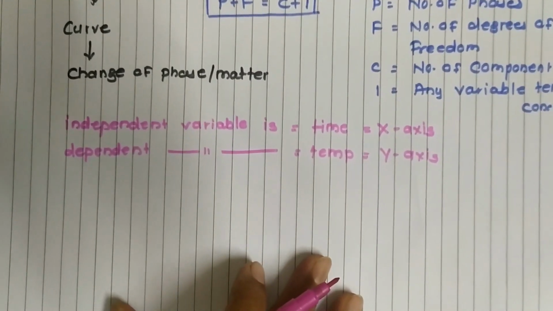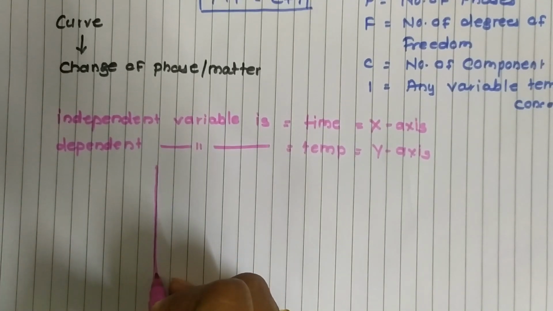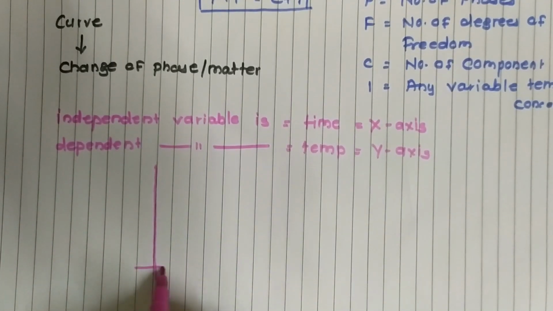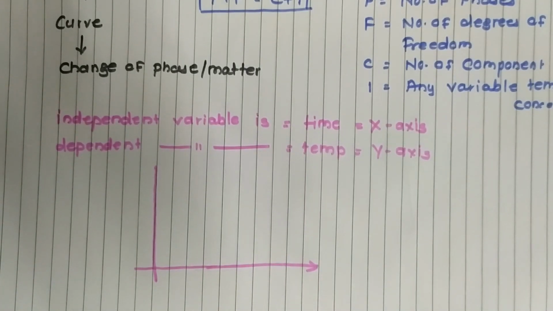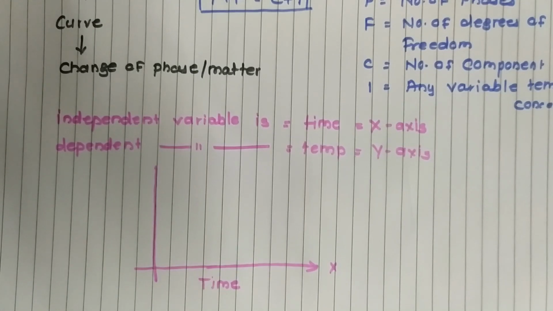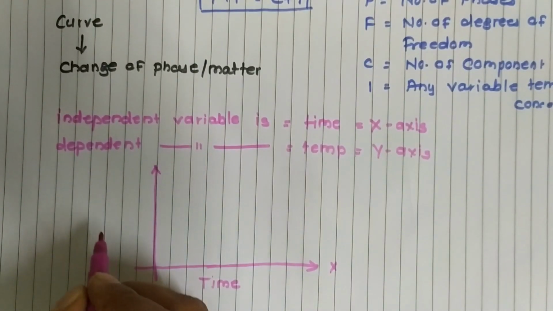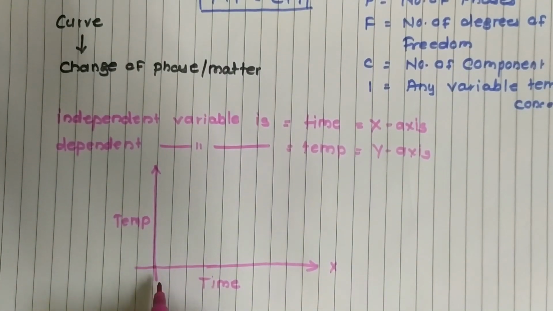Suppose this will be the y-axis, this is the x-axis. On the x-axis there is time, and on the y-axis there is temperature.